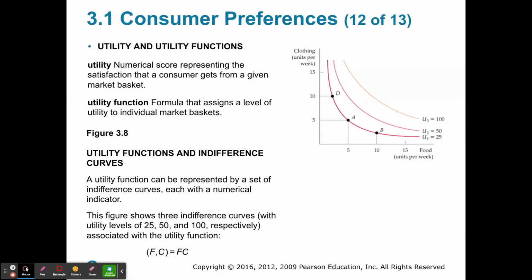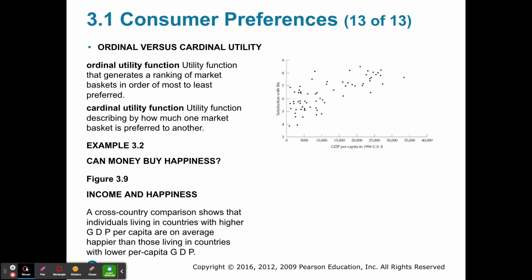Now, keep in mind what these numbers represent. The numbers that we attach to the utility are rank ordered. It's ordinal, not cardinal.